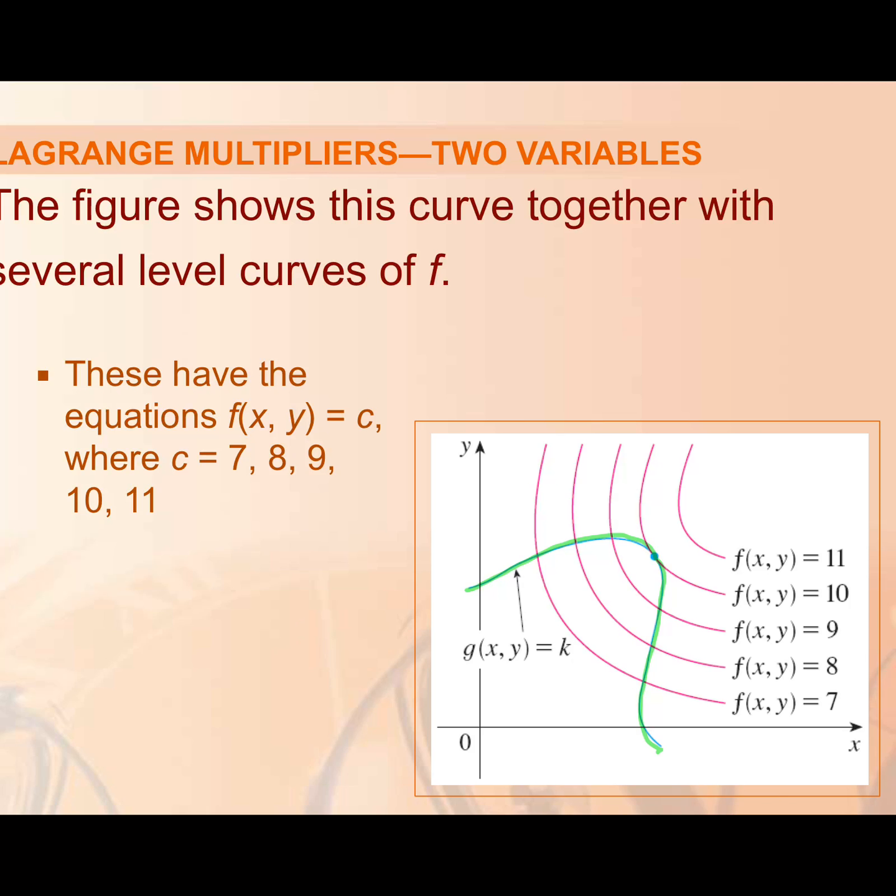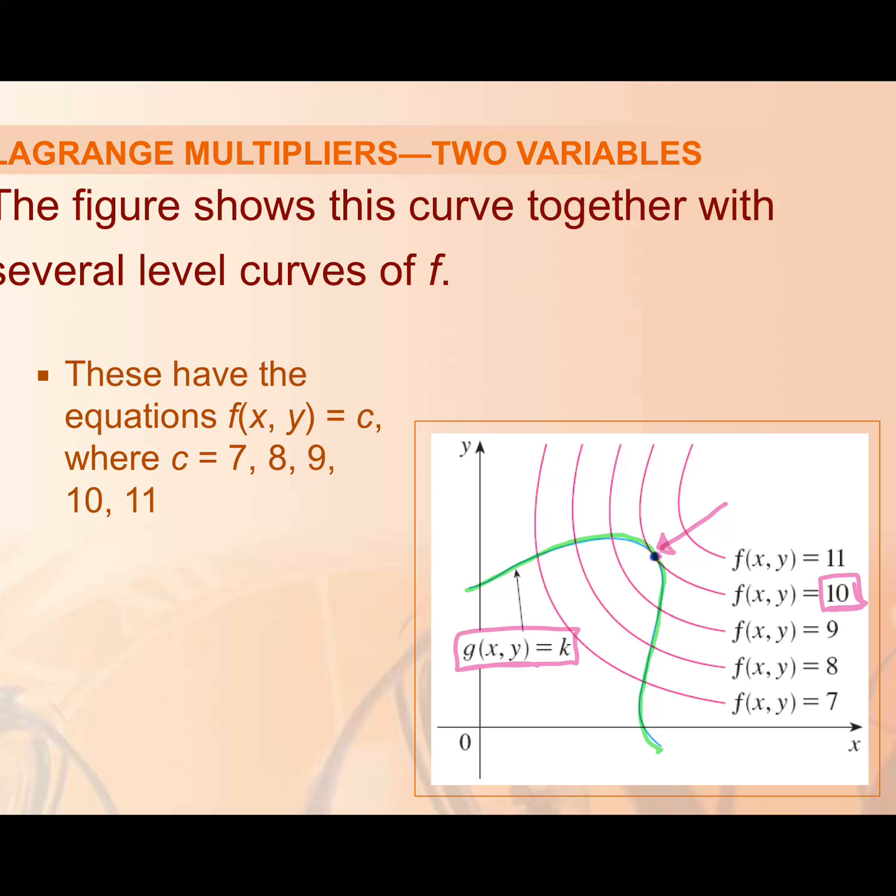The maximum value is going to occur here, right? It looks like here, because we've got some points along this curve, and the value is actually equal to 10, right? We don't have any points on this curve, g of x y equals k, whose value is 11 or 10.1 or anything like that.